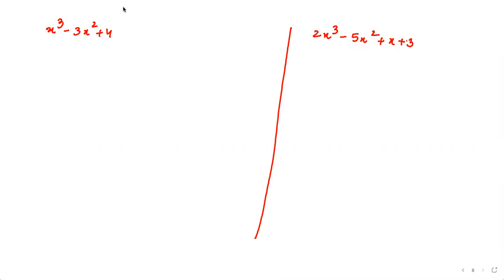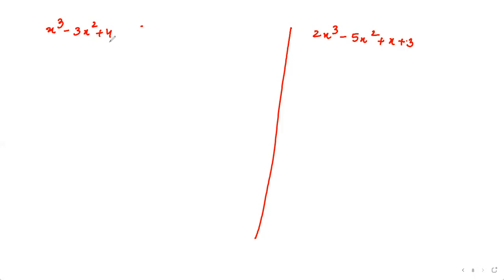Whenever you're finding the factors of a polynomial, if you could get the first factor, or at least 1 or 2 factors, then our life is sorted. We can use synthetic division or long division to get the complete factors. Now here we generally follow a method which is trial and error. To find the first factor, you do trial and error. But it is also directed trial and error.